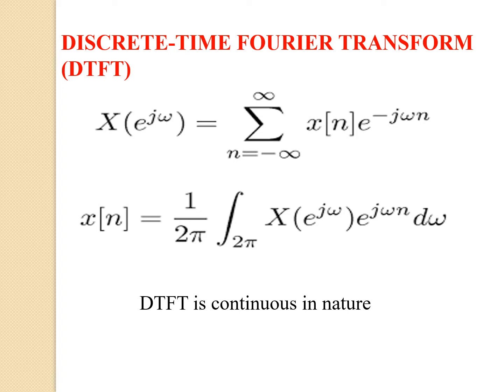So here X of e power j omega is equal to summation n extending from minus infinity to plus infinity x of n into e power minus j omega n, and its inverse Fourier transform is x of n is equal to 1 by 2 pi integral over 2 pi X of e power j omega into e power j omega n into d omega. So here the DTFT is continuous in nature.